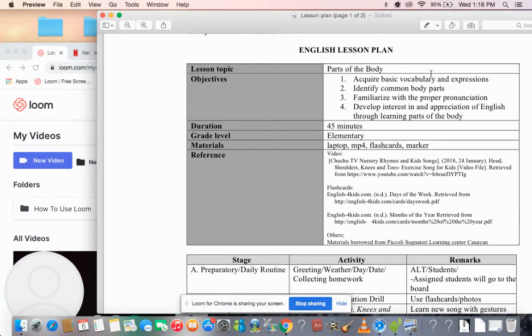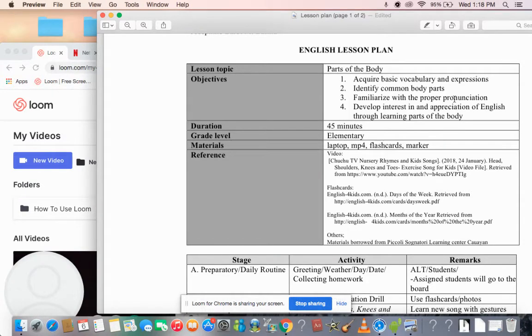When we talk about objectives, you have to bear in mind that you have to use active voice, and you have to make sure that your activities are in line with your objectives. For example, how do you think students would acquire basic vocabulary and expression?